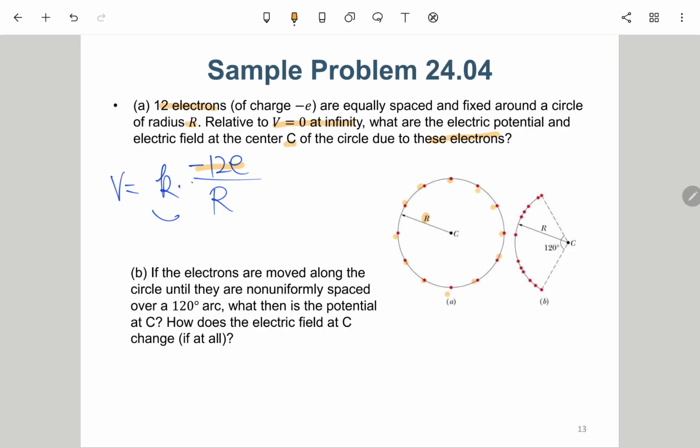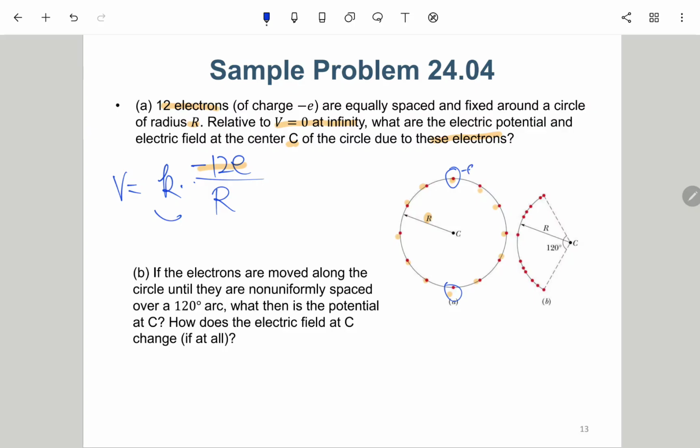So this is V, and then for E, actually they will all cancel. For example, this one and this one are both negative e. Picking these two, they are on opposite sides. The top one will generate an E field pointing upward, and the bottom one will generate an E field pointing downward.